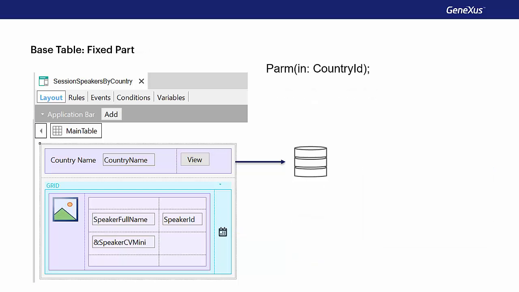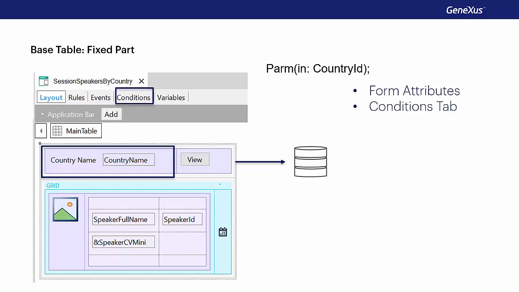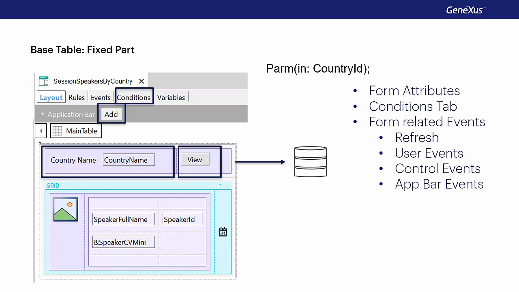The attributes that will determine the base table of the fixed part are attributes included in the fixed part of the layout, in our case, country name, attributes referenced in the general conditions, tab conditions, in our case, none, attributes appearing in the events of the form, outside for each commands, that is, those of the refresh, and events associated with controls of the fixed part of the form, in our case, the view button, and in the application bar, the add button. So, the base table in our case will be country.